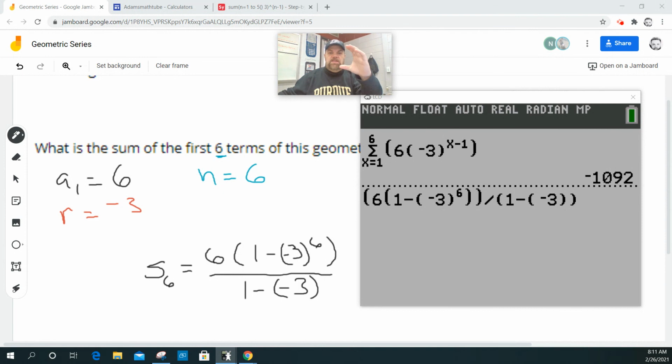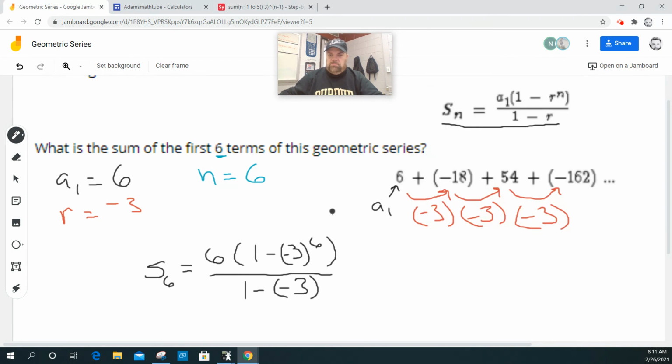I got 2 of these, I need 2 of these, 2 sets of those. Hit enter. Well, bam, with the bacon sizzle, it's -1092. So this whole thing equals negative 1,092.